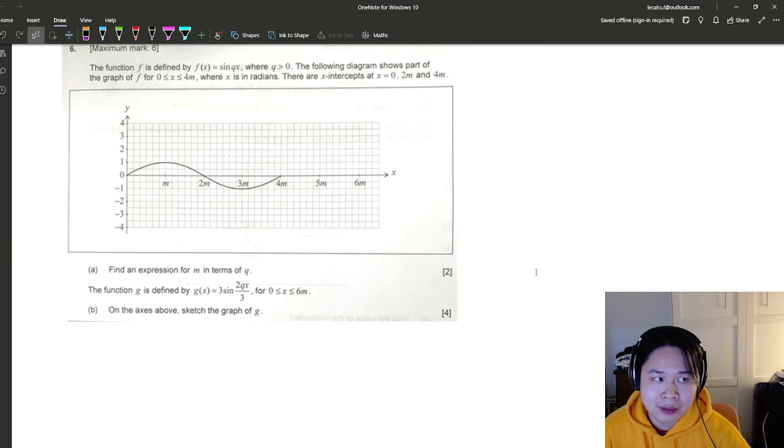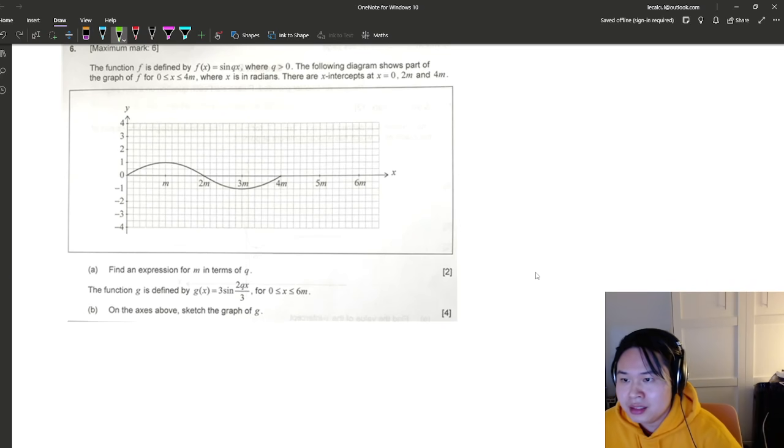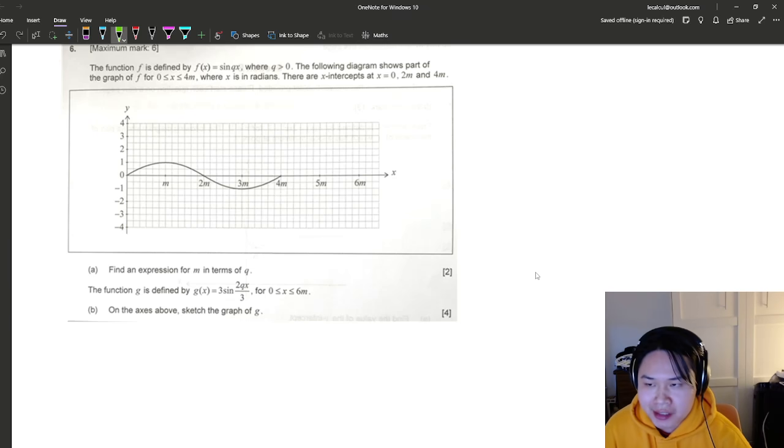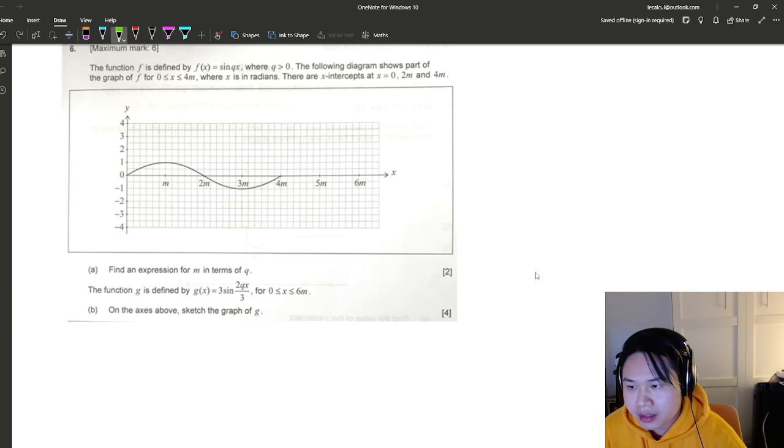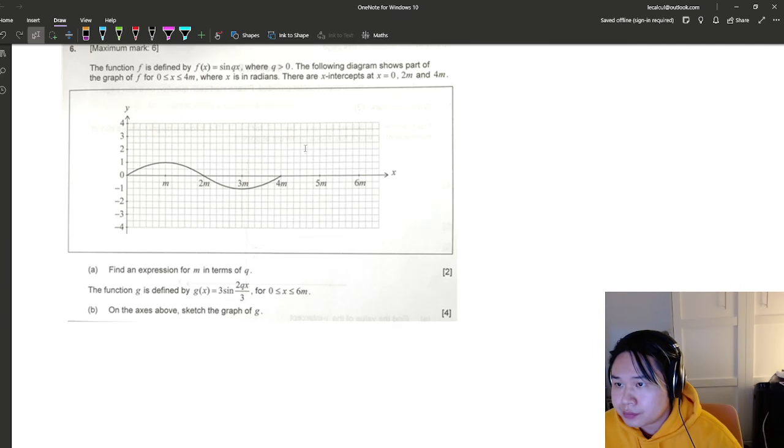So I don't even know if I'm right. But SL stuff is usually not so bad, and I can generally get more or less all of the questions correct. And then HL gets a little bit messier. But anyways, here's the next one.